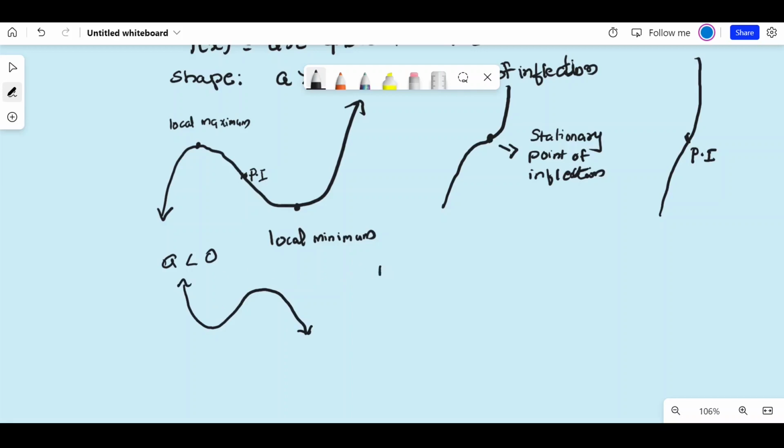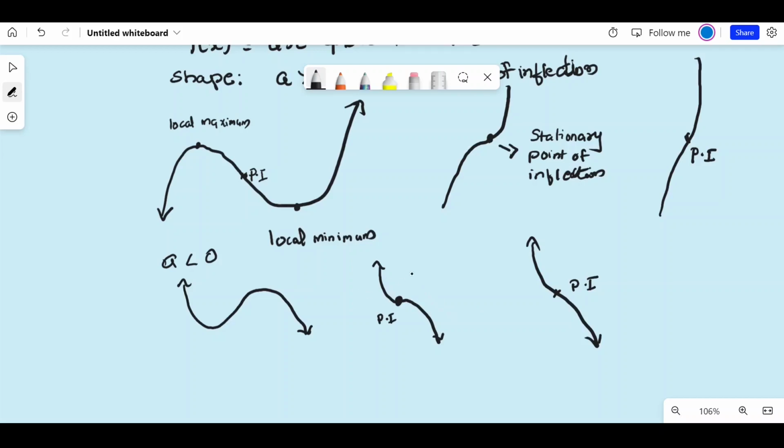Then if it has only one stationary point, it will look like this. This point will be the stationary point of inflection. Then if there is no turning point, it will look like this. It doesn't have any turning point, only a point of inflection.